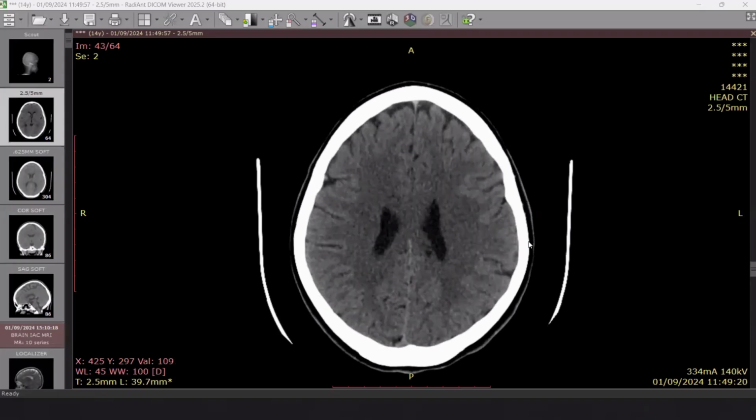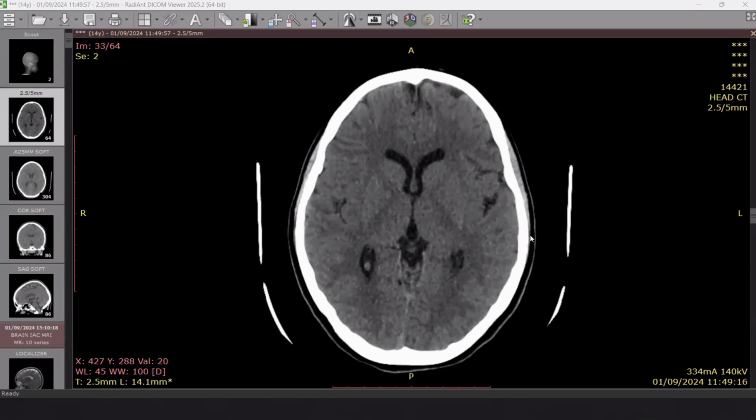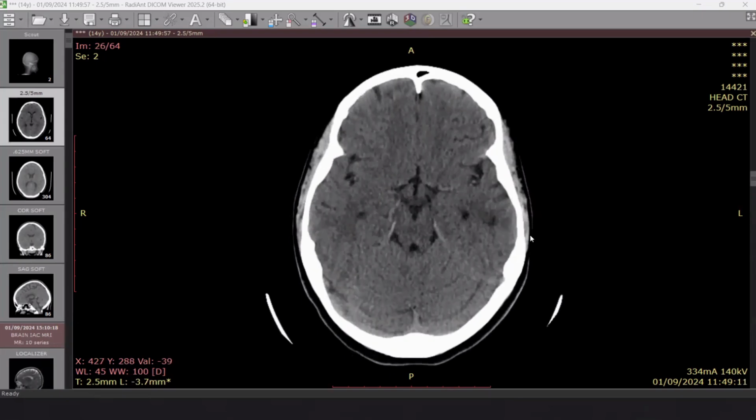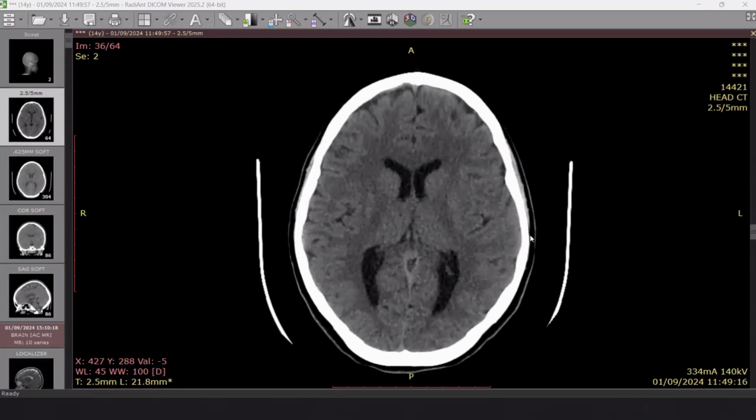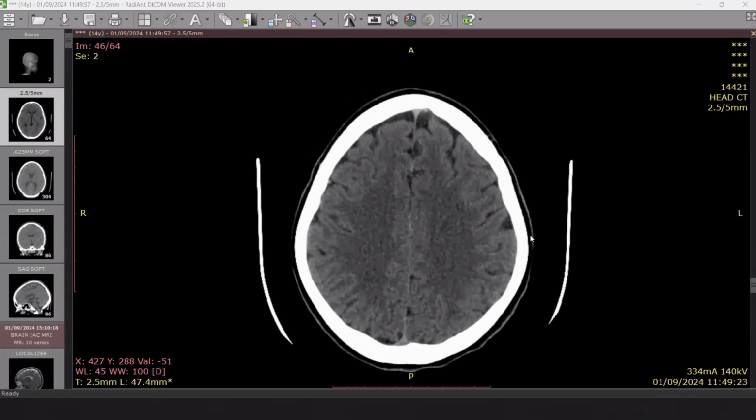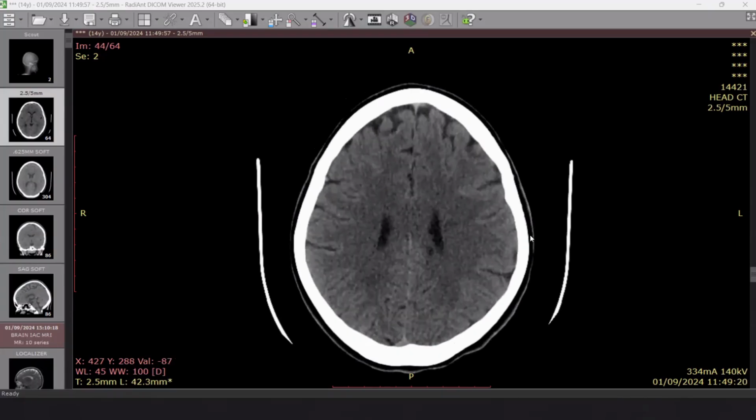Apart from this, I have a small hypodensity in the frontal lobe. There is some cortical white matter hypodensity in the right frontal lobe.